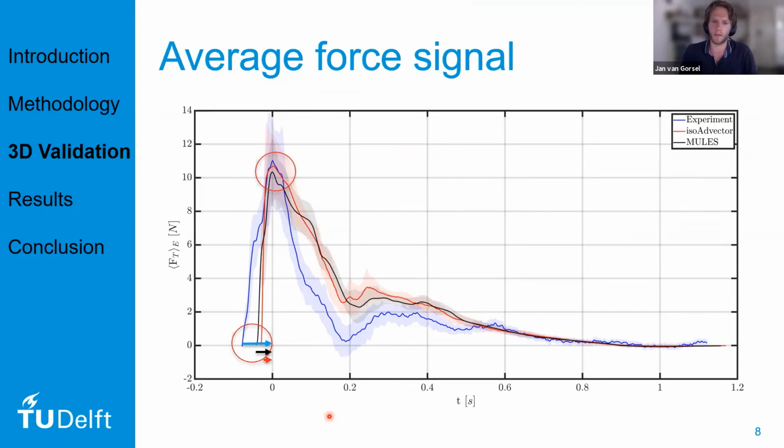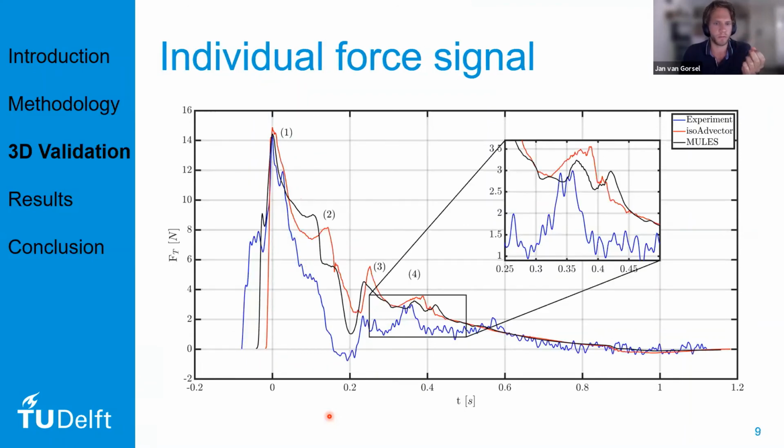However, as this averaging process wears out the individual characteristics of the signals, we also compare the individual force signals for all three. As you can see, there are 4 peaks present in all 4 signals.